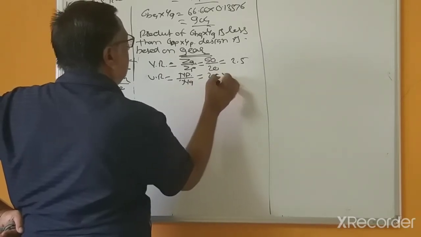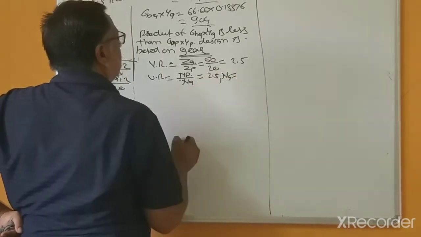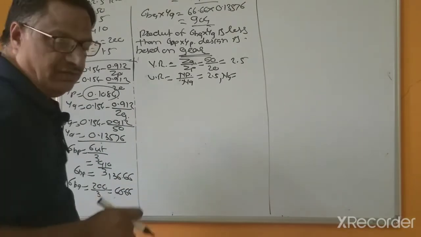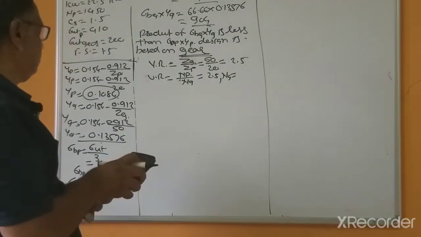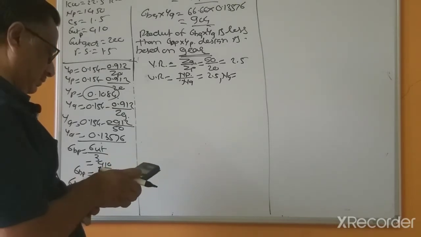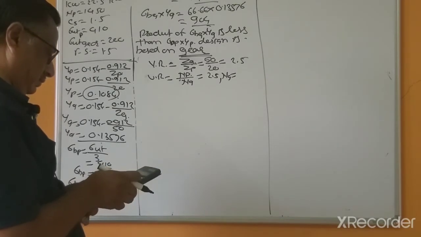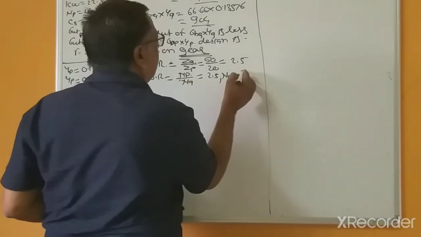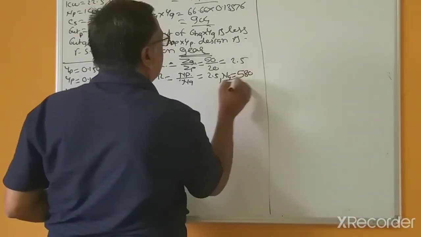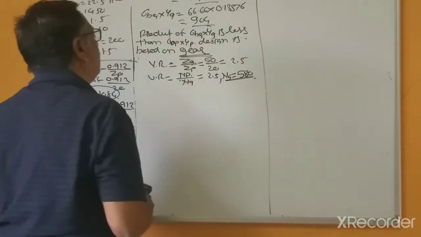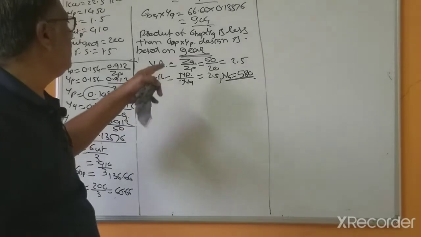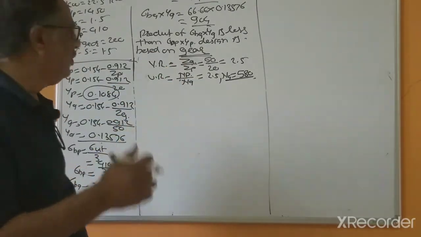So that's why NG equal to NP divided by 2.5, NP equal to 1450. This is 580. NG equal to 580. Why is this RPM important? Because design is based on the gear.